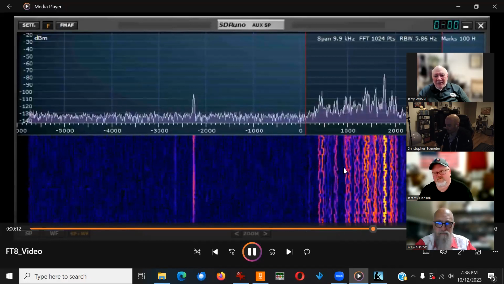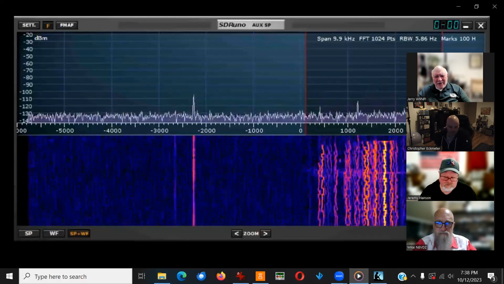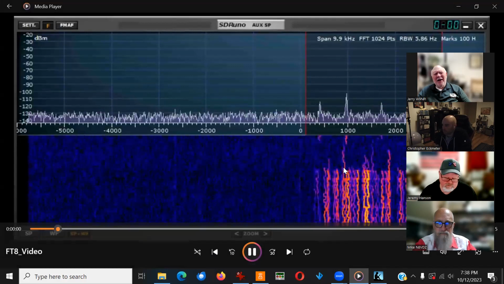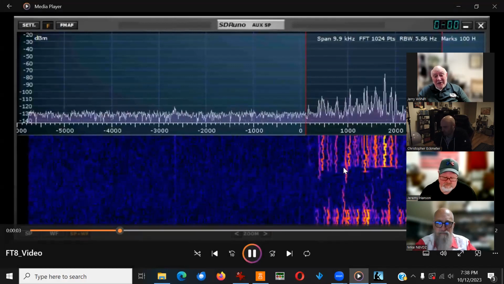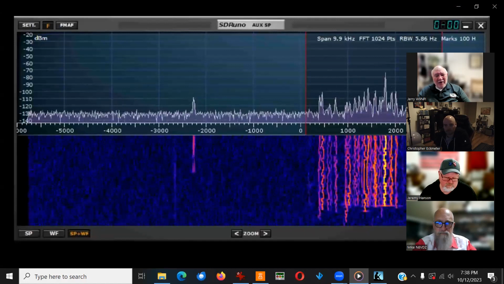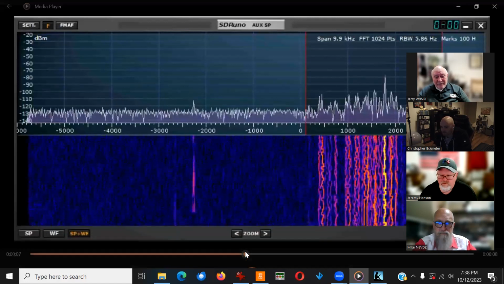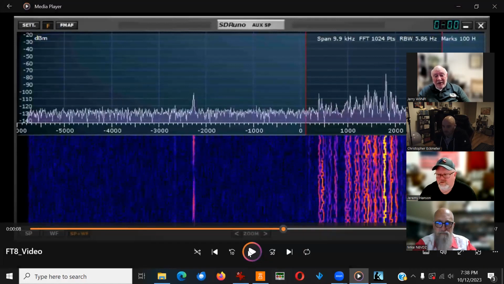So this is the kind of thing that Taylor, K1JT, developed, and there are any number of different kinds of signals, Clover, and there's even something called Hellschreiber, where the signal looks as if you're writing on parchment paper.